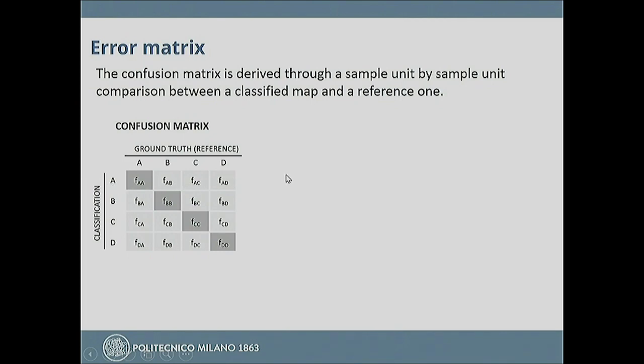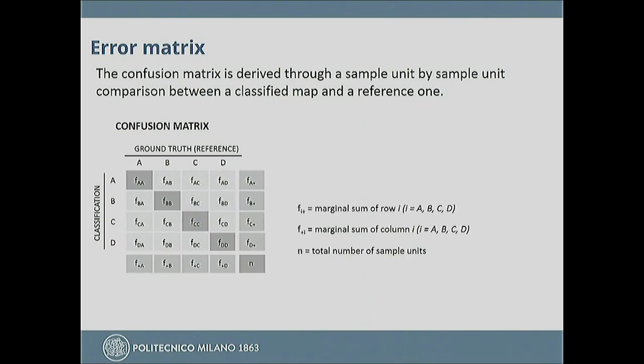Outside the diagonal, we put the elements that are classified as A for the classified map and different categories for the ground truth, so the values that are wrong. Okay. Once we have built up this kind of matrix, we can compute the marginals, and we can compute also the total number of sample units. This is the complete confusion matrix.